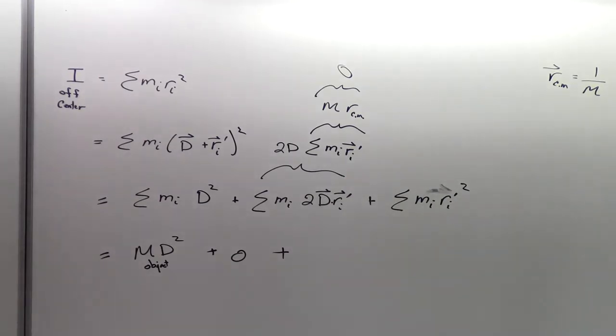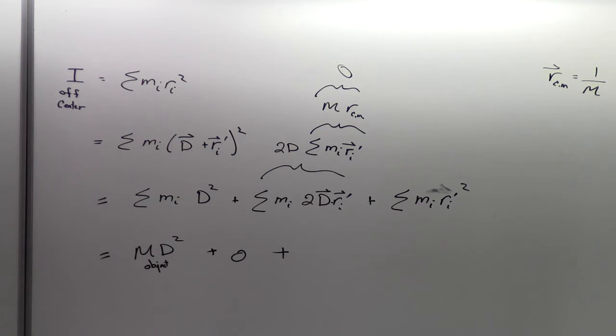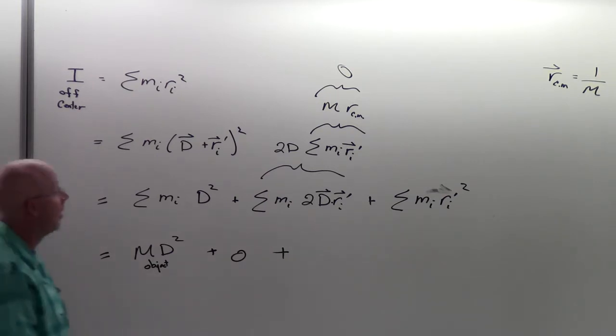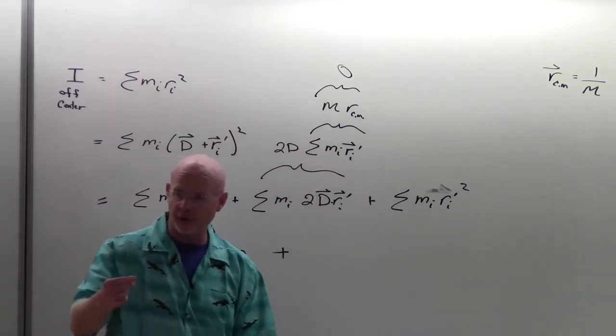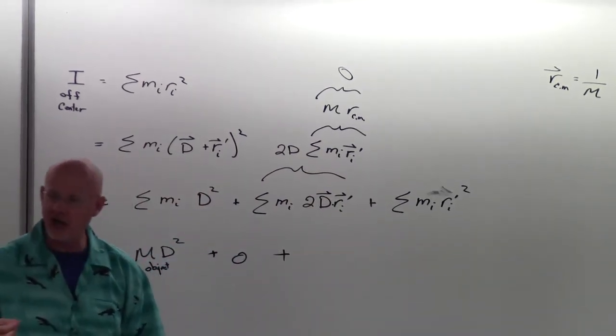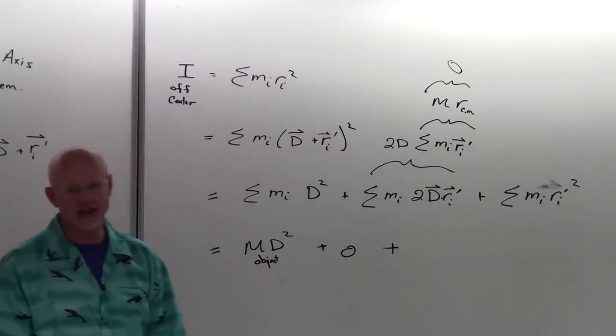All right? But again, it's not so much the math, it's the reading of the math. And you've been seeing that all day long, and you're going to see it all chapter long here. Is what does each of these steps mean? And so this is saying, where is the center of mass, as measured from putting your origin at the center of mass. Well, as soon as you say that, just a dead giveaway, right?